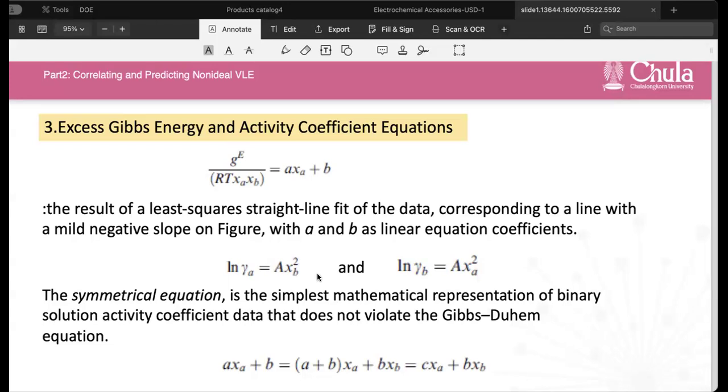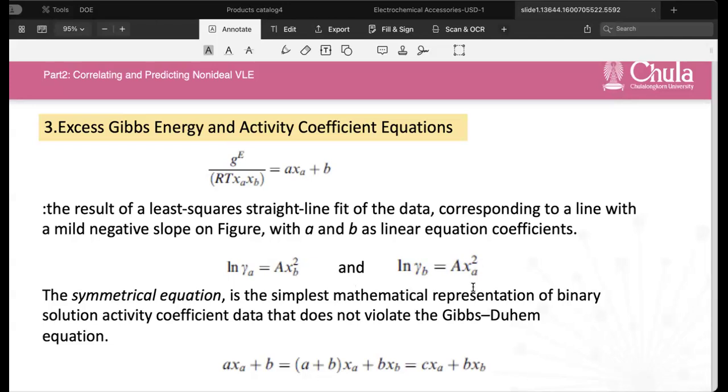No. XB is a function of XA: 1 minus XA. Okay. And you get minus 2XA from this. And for this term, you get 2AXA.